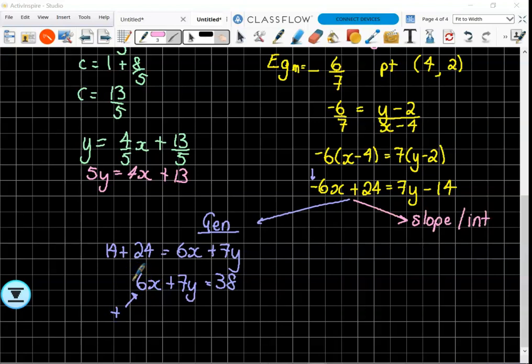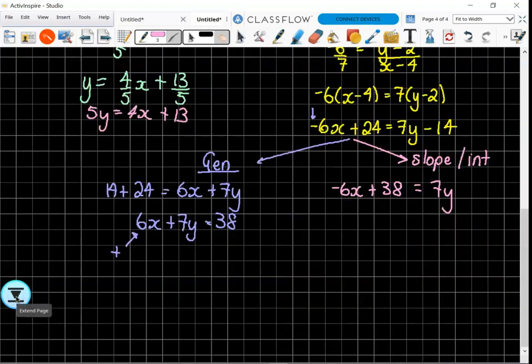Now if it said put it in slope-intercept form, I've got the 7y there. Let's get rid of that take 14. We add 14, so that's going to be minus 6x plus 38 again. And depending on how you rock and roll, you might want to go, no, I don't like it like that, I'm just going to rewrite it. 7y equals minus 6x plus 38.